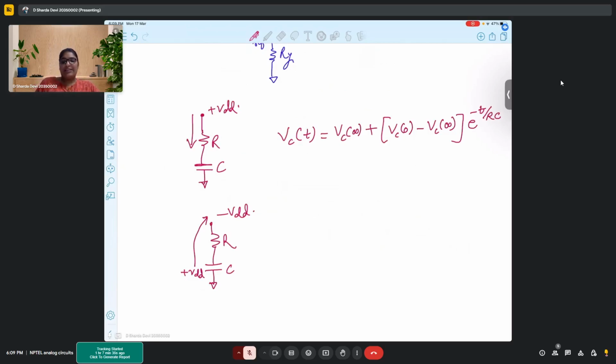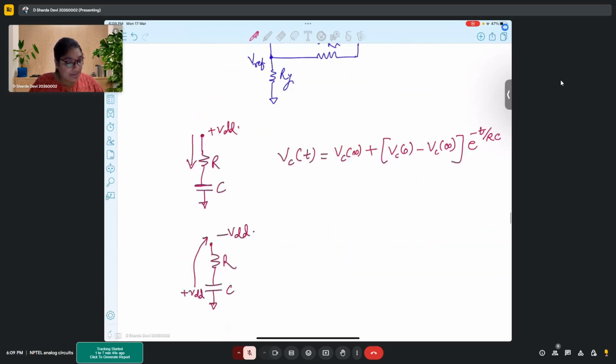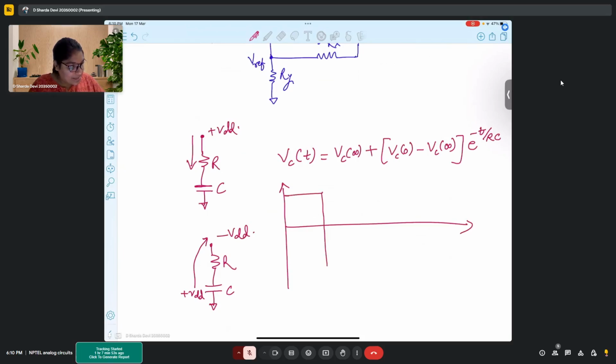So we will be using the same equation for charging as well as discharging, right? And how it will happen is, let's say this is my output.